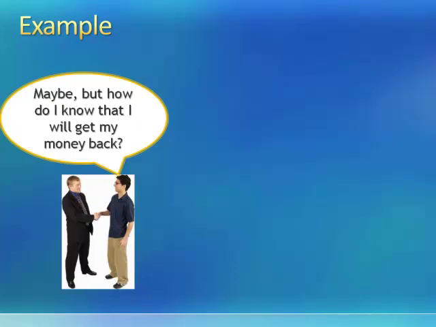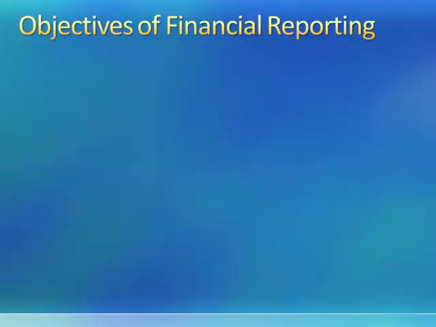But here we've got the guy saying, maybe, but how do I know that I will get my money back? That's where accounting comes into play. Remember, accounting is to help people make decisions, and financial accounting is to help investors and creditors make decisions.